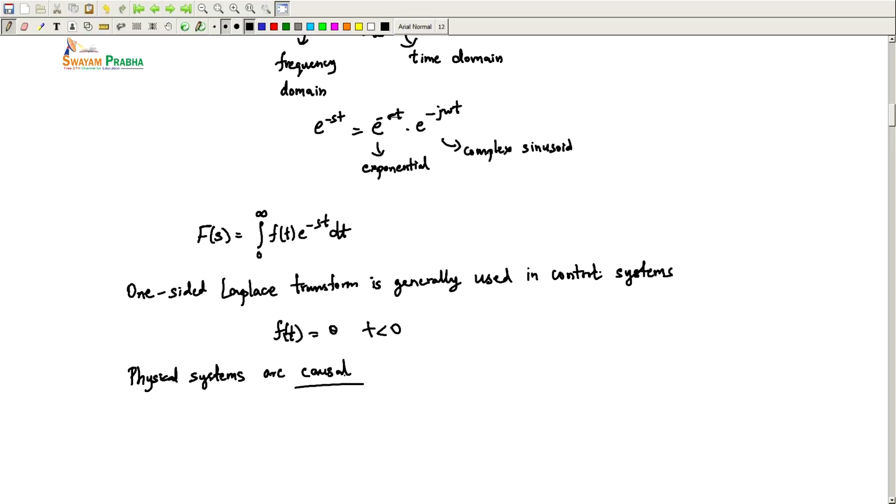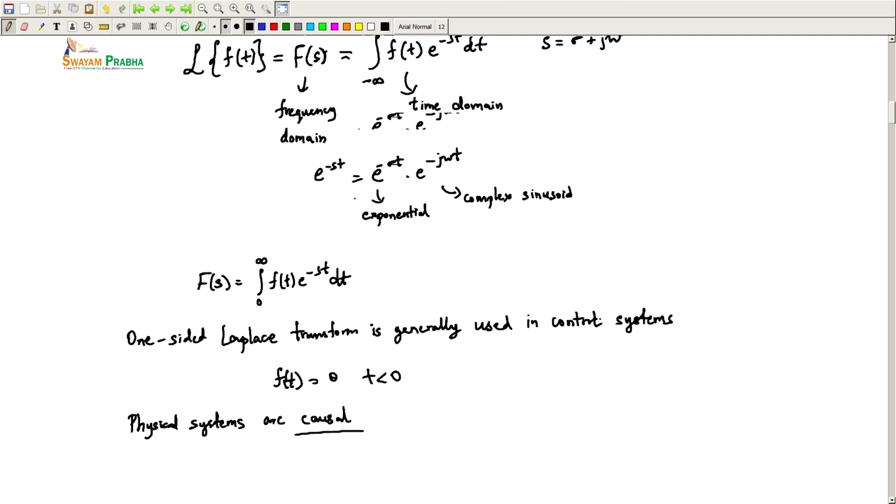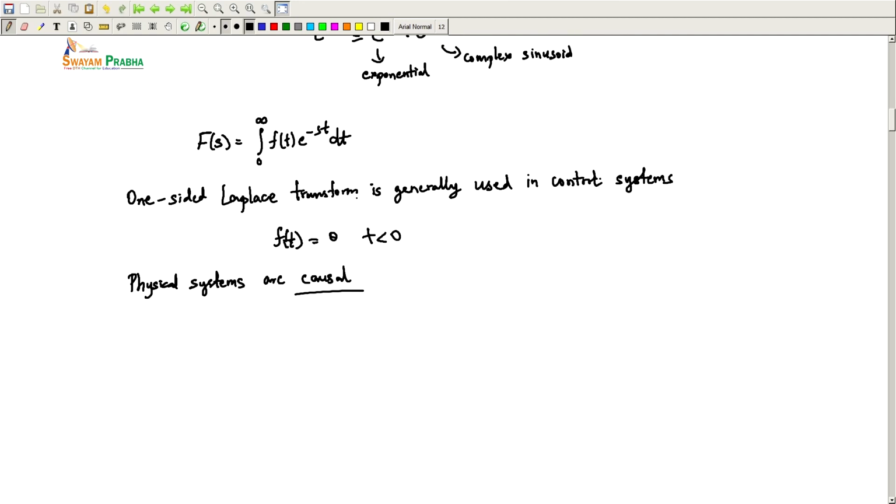So, this was about what we discussed about Laplace transforms, how to get the Laplace transform. So, we found how to get F of s given f of t. Now, we will look at the inverse Laplace transform. So, what we earlier did was given f of t, we found F of s.